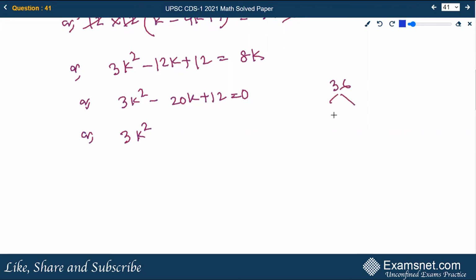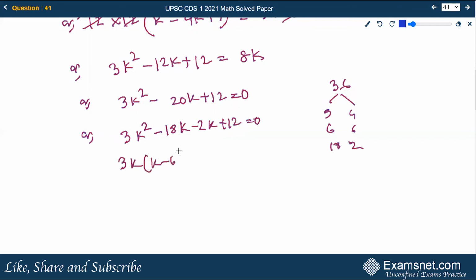We can take 36, 20. So 12, 9, 4, 13. Also 6, 6. Yes, 18. So 18 and 2. That means 3k square minus 18k minus 2k plus 12 equals 0.